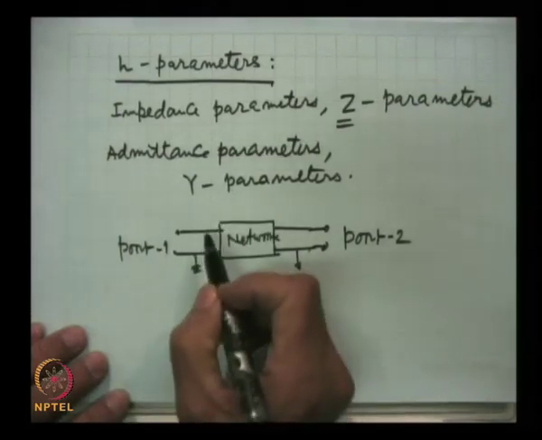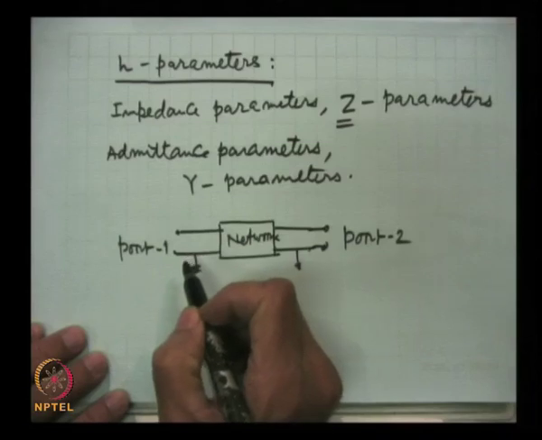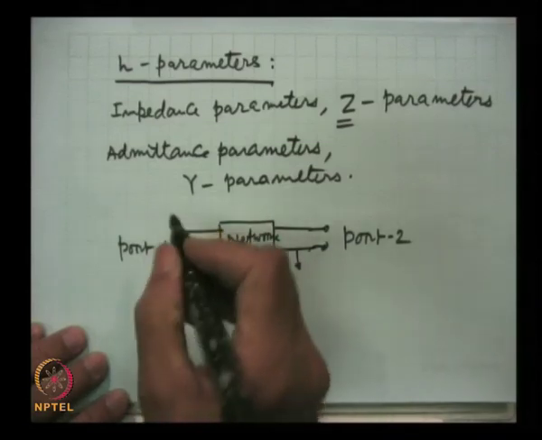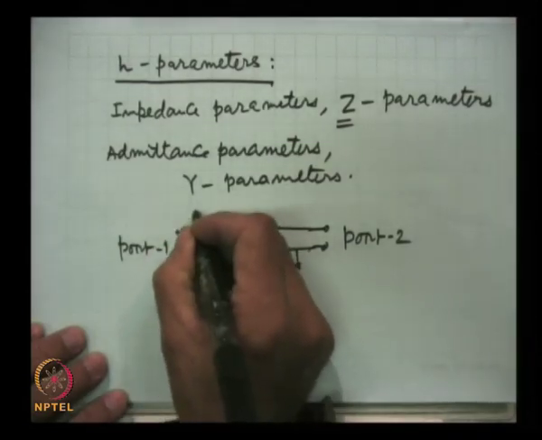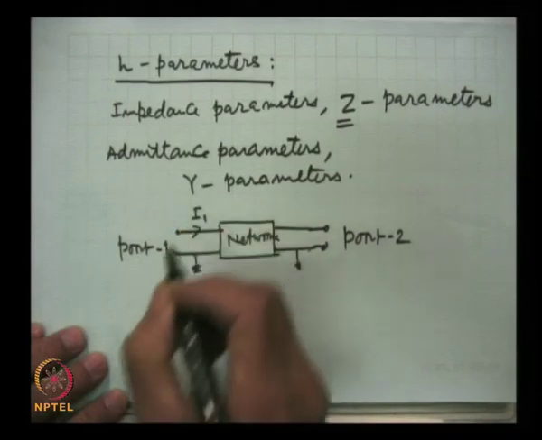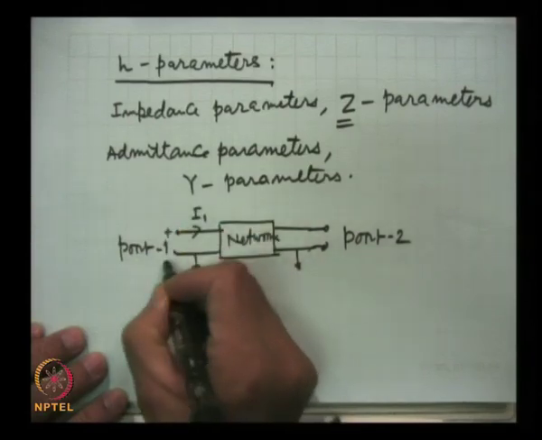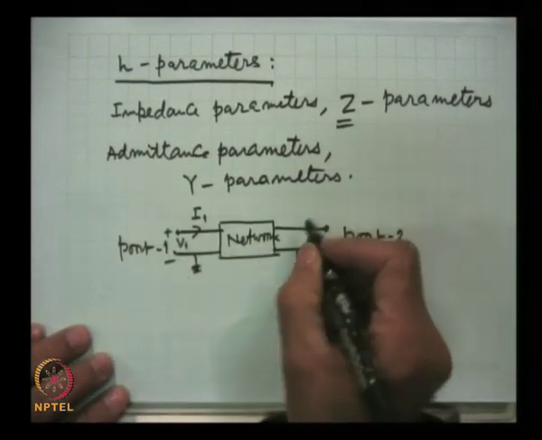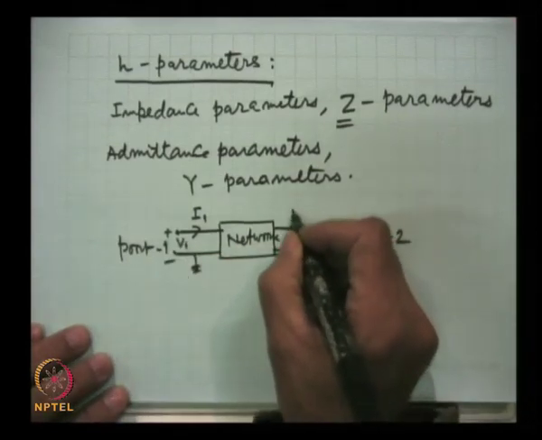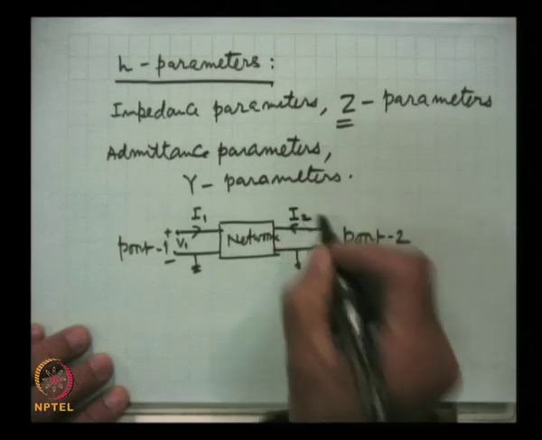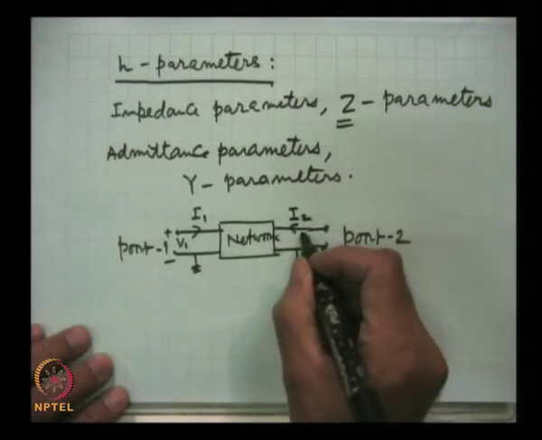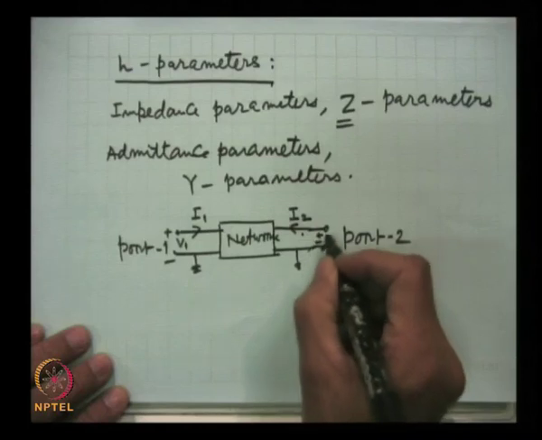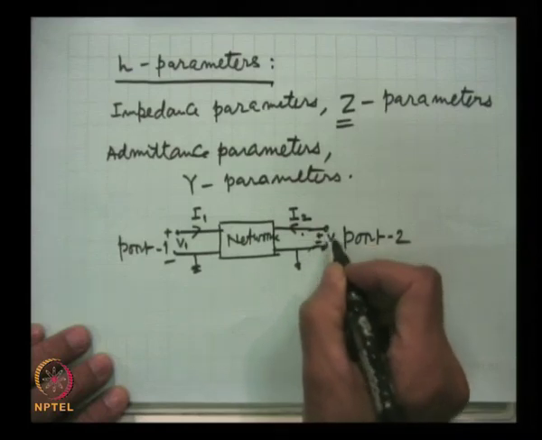We are concerned with the terminal currents and voltages. So, let this current be I1 and this voltage here be V1. Similarly, the current here, let it be I2, and the voltage here be V2.